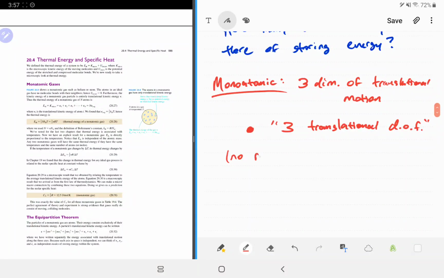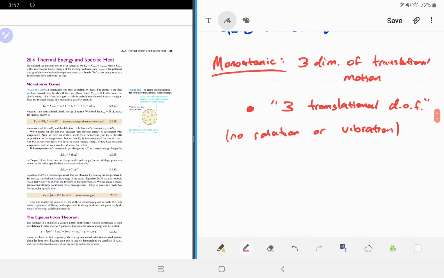So there's no rotation or vibration here, which is going to be different for the case of oxygen. So a monoatomic gas always has 3 degrees of freedom, no matter what. So monoatomic has F equals 3.